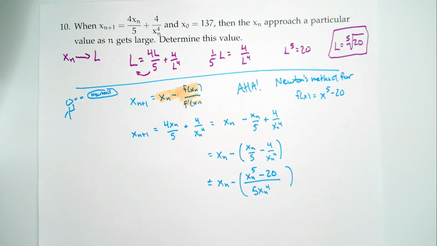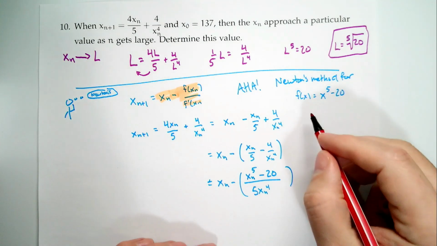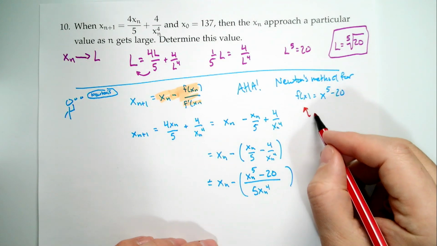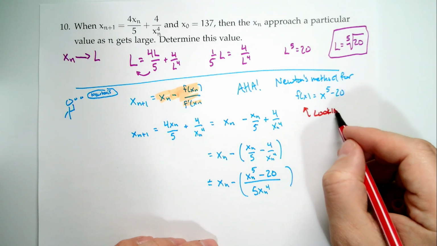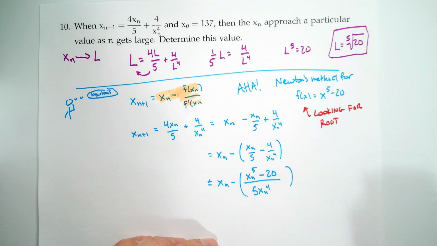Now that I know that it's Newton's method for x to the 5th minus 20, I ask myself the question, well, what is Newton's method looking for? Newton's method says that this is looking for the root. So if Newton's method approaches something, it approaches the root.